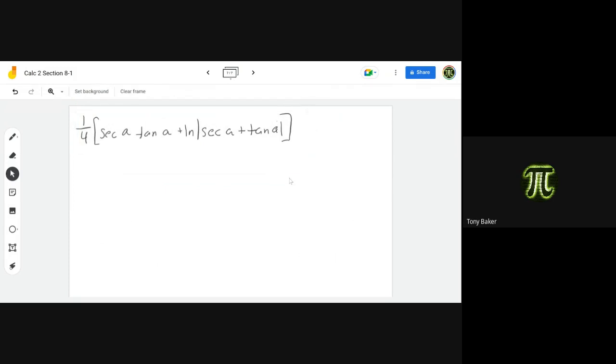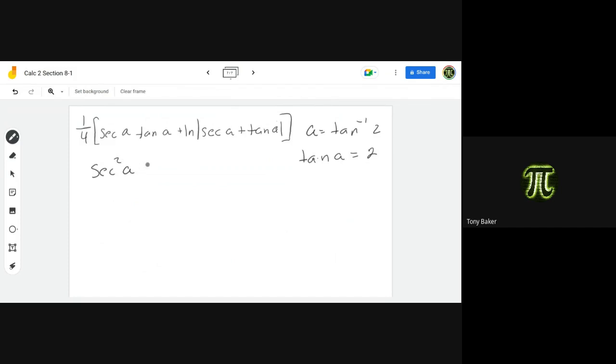And remember that A is arctangent of 2. So tangent of A is 2, which helps me out a lot. So all we really have to figure out is what secant of A is. Well, let's look.